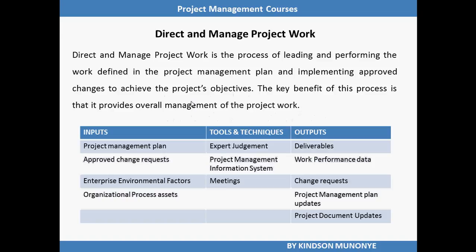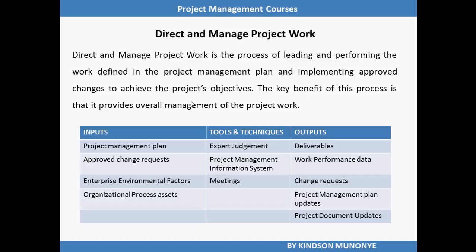According to the PMBOK guide, direct and manage project work is a process of leading and performing work defined in the project management plan and implementing approved changes to achieve the project's objectives. The key benefit of this process is that it provides overall management of the project work.